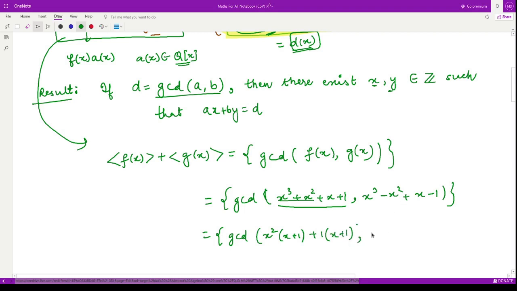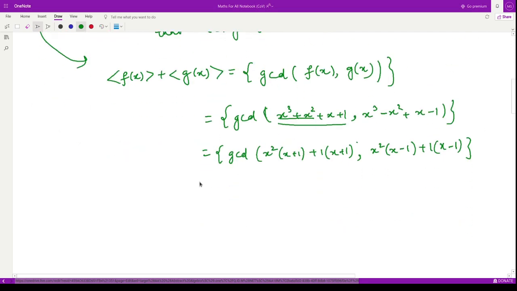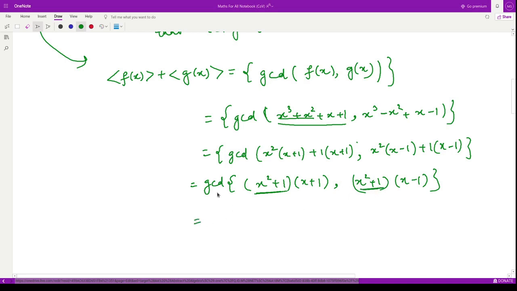From the second polynomial, again we take x square common, and we are left with these terms. So the first polynomial factors as (x plus 1)(x square plus 1), whereas the second factors as (x minus 1)(x square plus 1). The greatest common divisor of these two, the common factor, is x square plus 1. So the GCD comes out to be only x square plus 1.